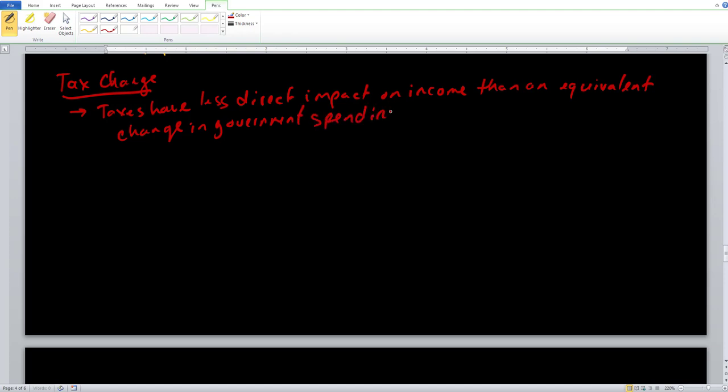And this is something that's going to come back to haunt us in later chapters as well. So taxes have a less direct impact on income than an equivalent change in government spending.